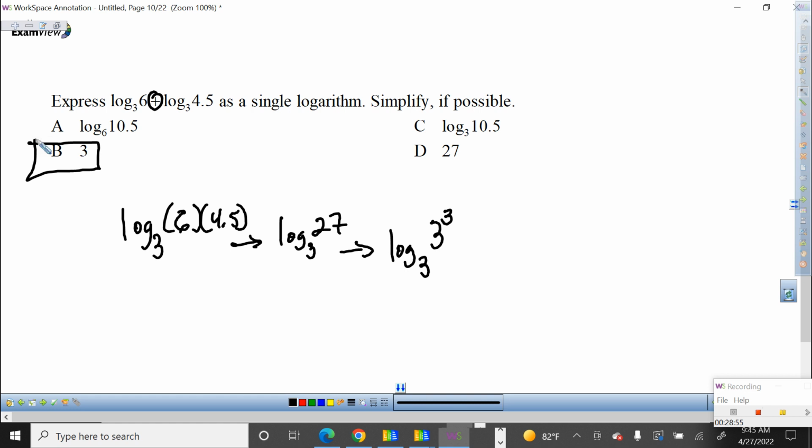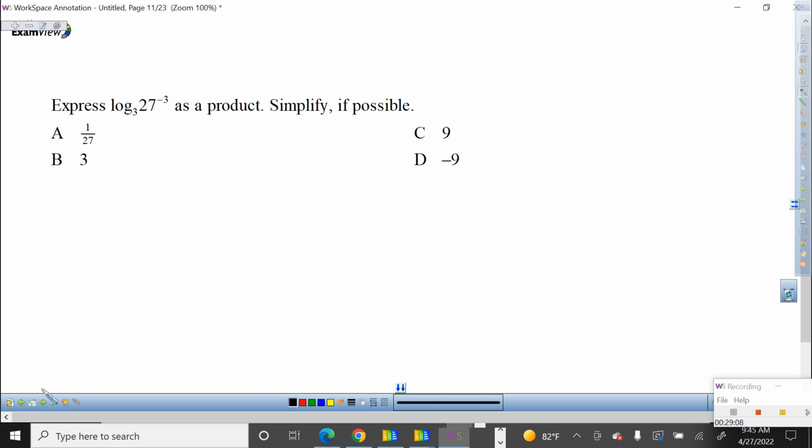For subtraction, we divide the two numbers. For addition, we multiply. And the last one for today, number 31, log base 3. Before anything, look up. How do we write 27 in base 3? 3 to the what? 3 to the 3rd, okay?